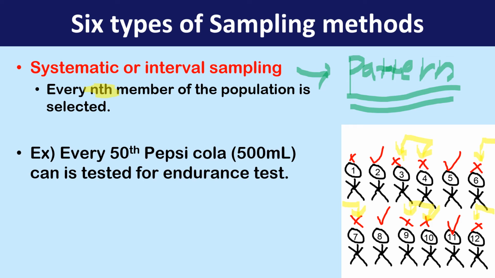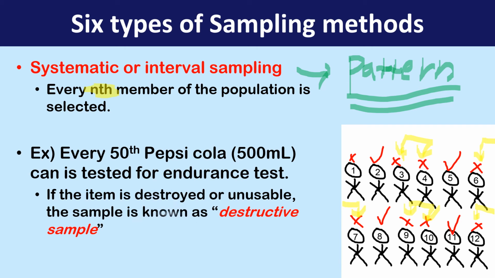And that's what manufacturers do. And if, in this case, an item is destroyed or unusable, we call that a destructive sample. So that's the one that people check for quality assurance, if you will.